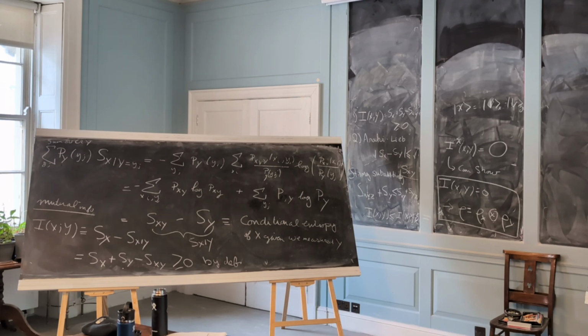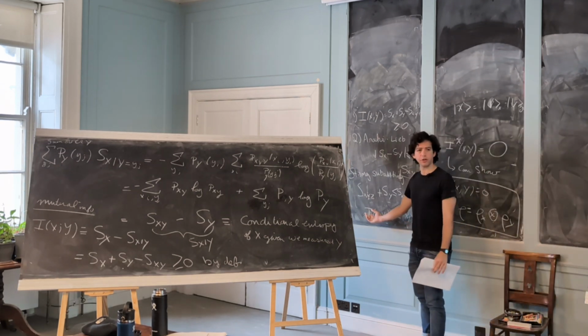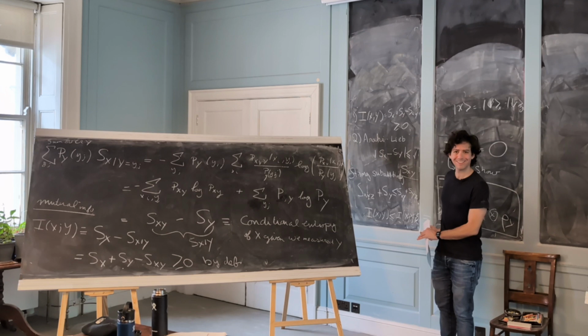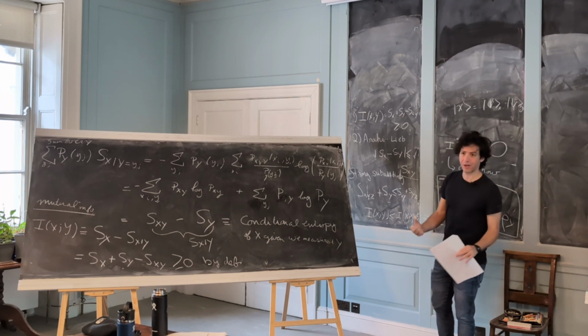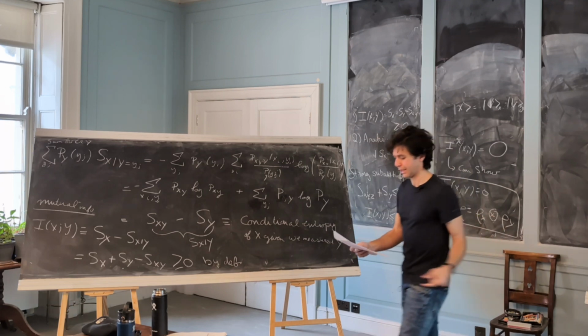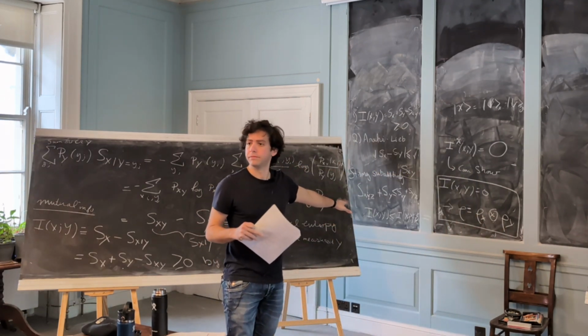The mutual information tells you how much information you learn about x by measuring y. Well, I learn more information about x by measuring y and z than I learned just about x. And that's because x could also be entangled with z. Okay? So we want to keep these in mind for later.